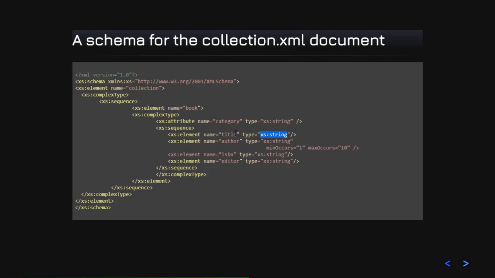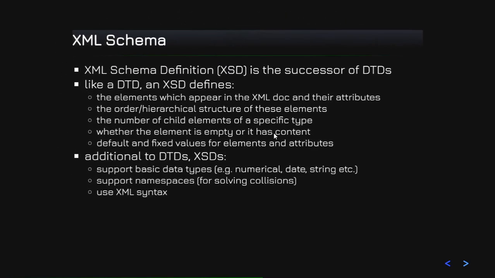So the actual content of the title tag is string content. It also supports namespaces for solving collisions. I'll talk about namespaces in the next slide, I think. And it uses XML syntax as opposed to DTD, which doesn't use XML syntax. So XSD is another XML-based language.